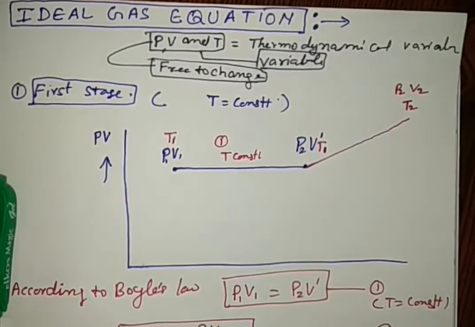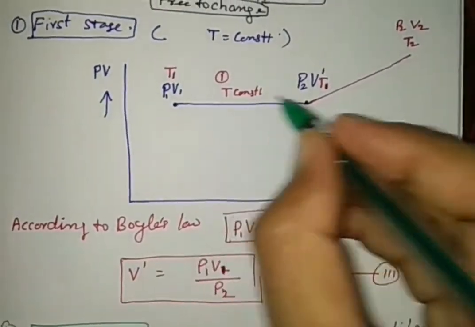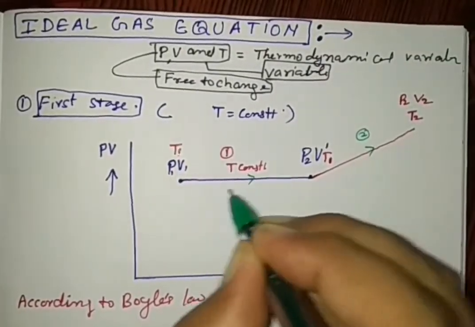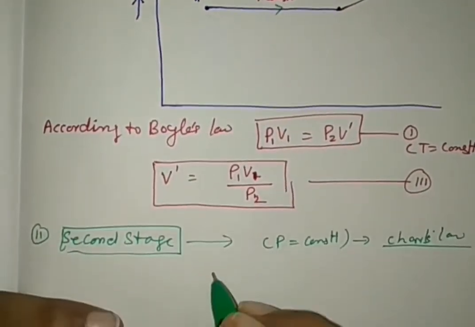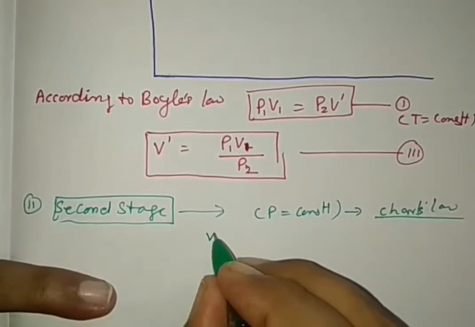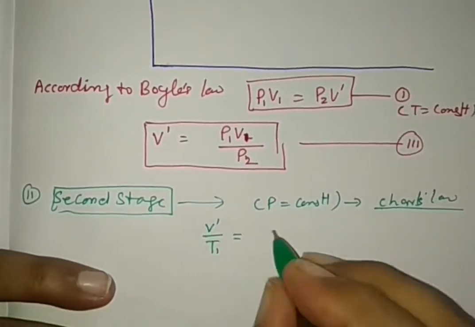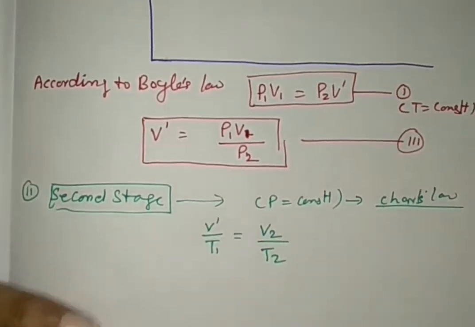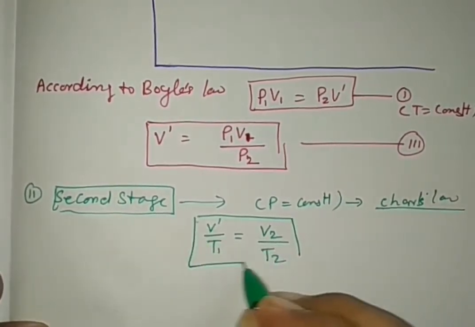So under Charles' law, see very carefully, V dash by T1 is equal to V2 by T2. This is the condition under Charles' law.